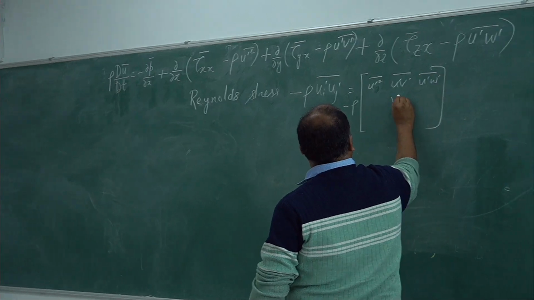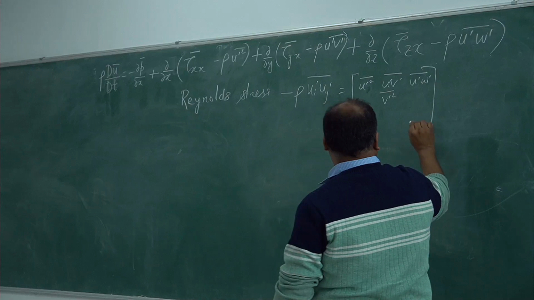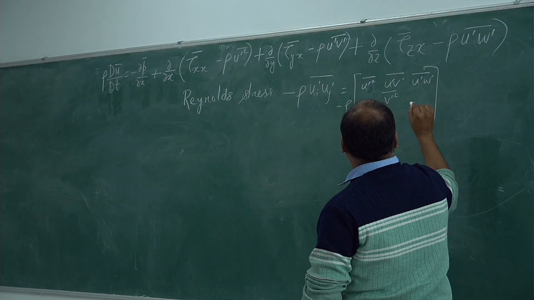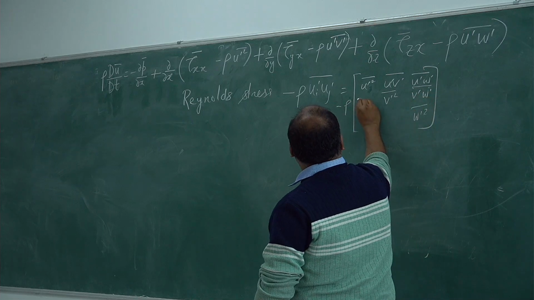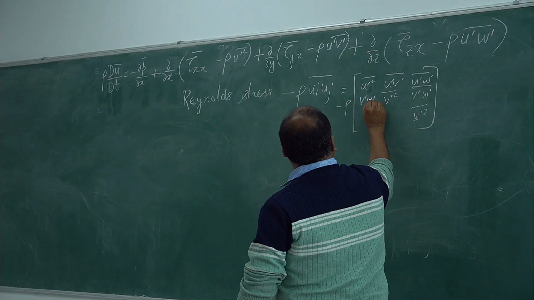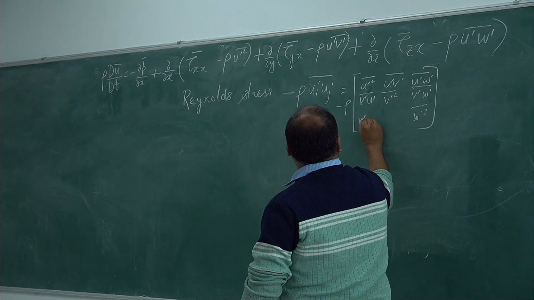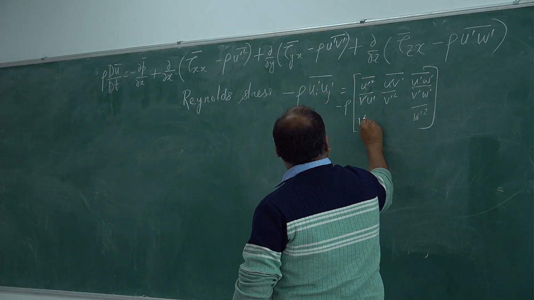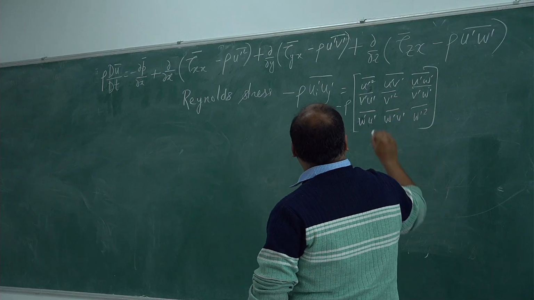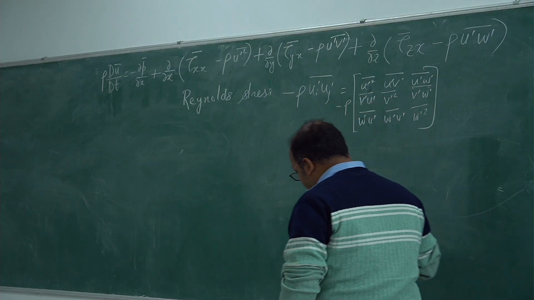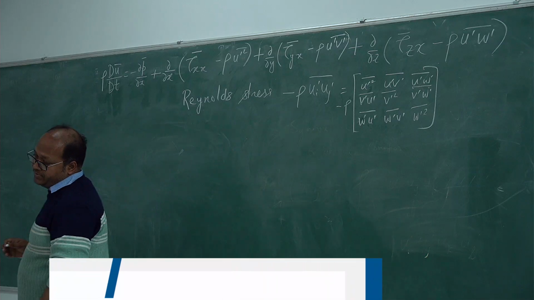Similarly, the diagonal components v dash square and w dash square are written like this. Then v dash w dash here and v dash u dash here. Then w dash u dash and w dash v dash here. So these are the components of the Reynolds stress.